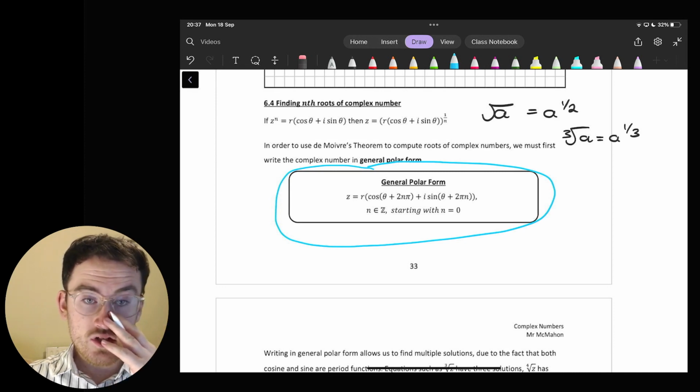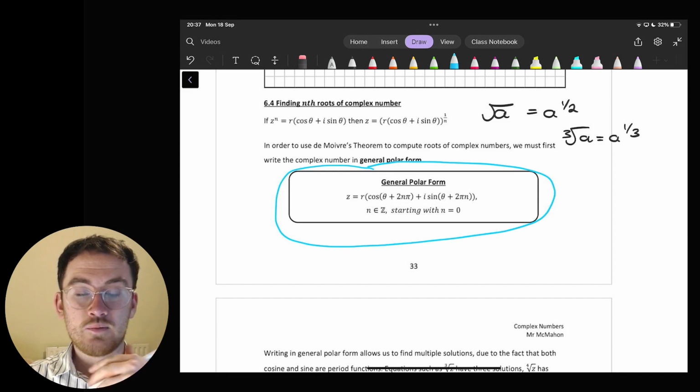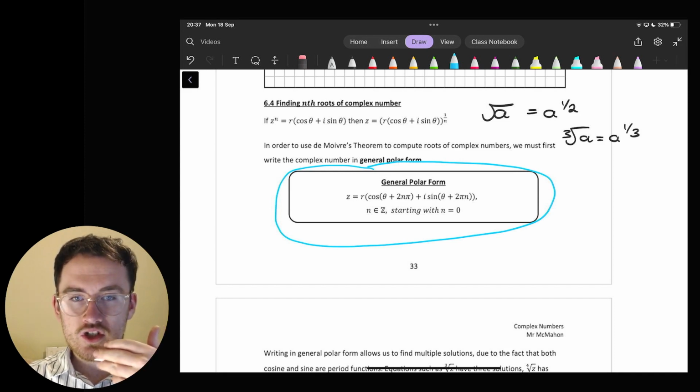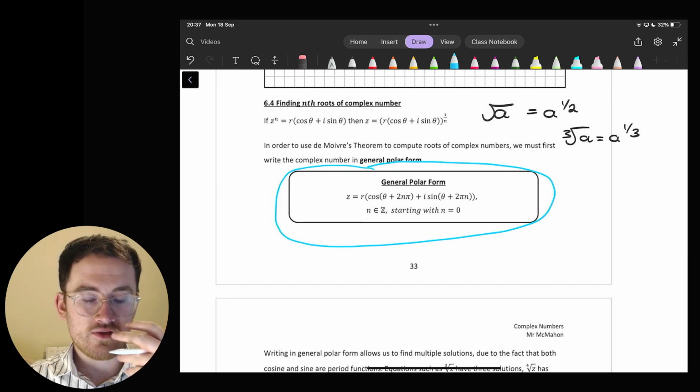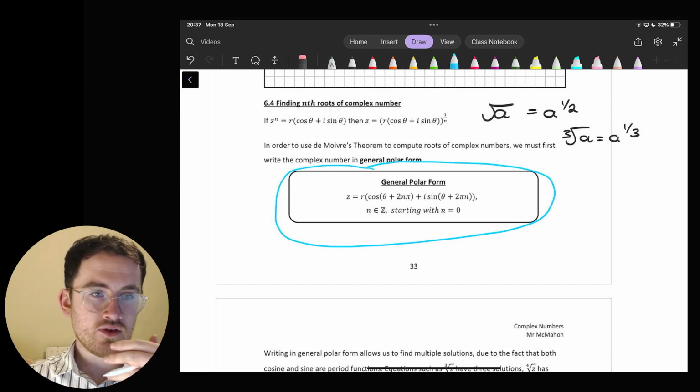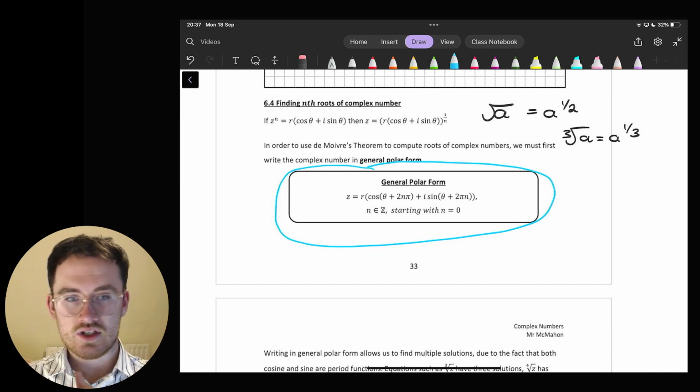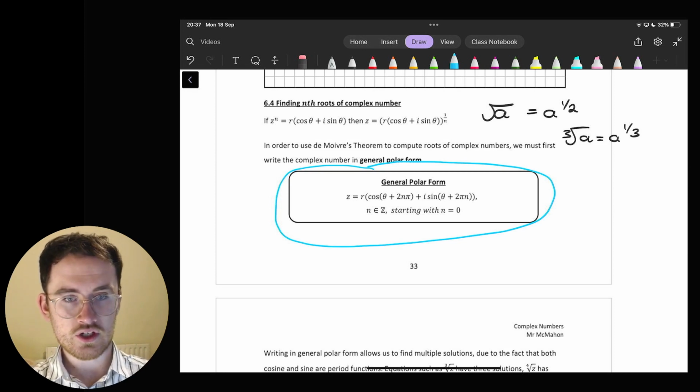So what we're making use of with this general polar form is when we want to find more than one solution. When we're finding roots, however many solutions there are will line up with whatever root we're looking for. So if we're finding a square root, power of a half, we should have 2 solutions. If we're finding a cubed root, power of a third, we're going to find 3 solutions. If we're finding a fourth root, power of a quarter, we're going to find 4 solutions.